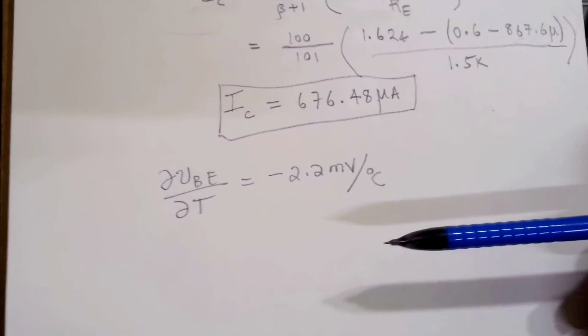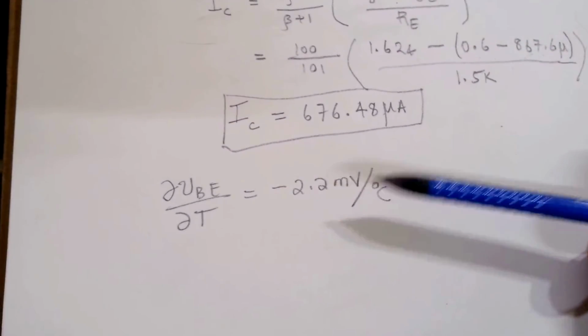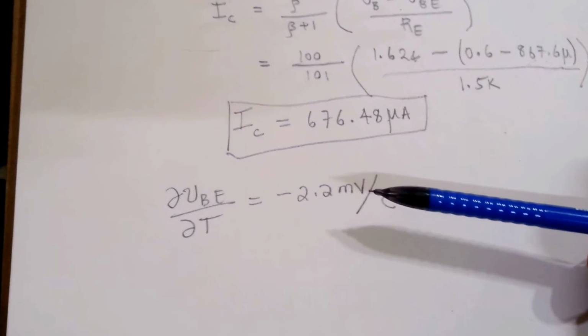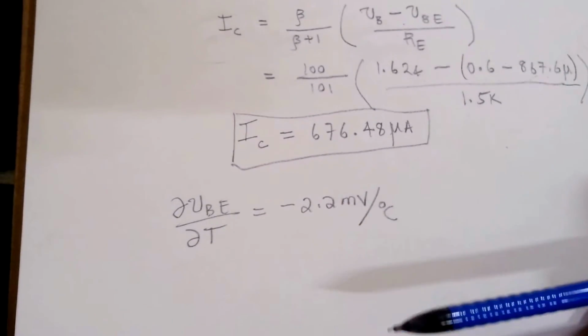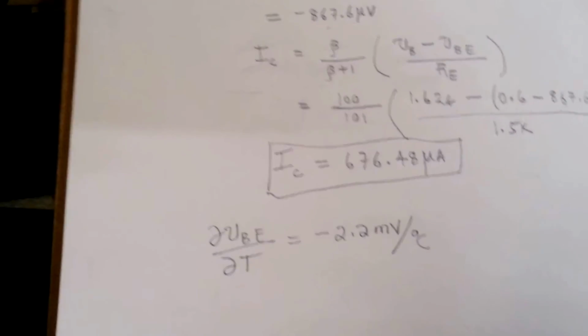So if the temperature increased, say, by 10 degrees, then definitely we'll have quite a bit of change. So we'll have 22 millivolts of change. Basically, the VBE will drop from 0.6 by 22 millivolts. So this is the actual answer for it. So I'm not going to provide the actual derivation here.